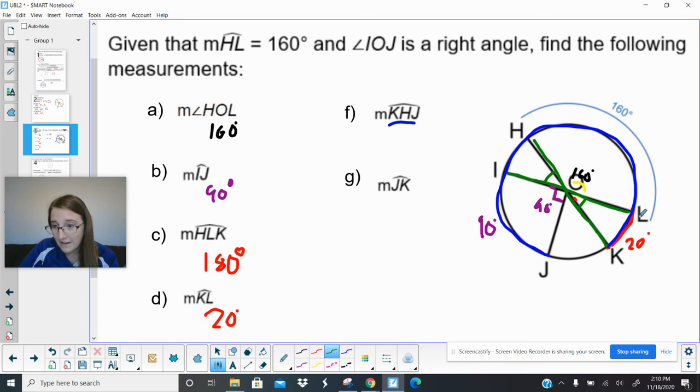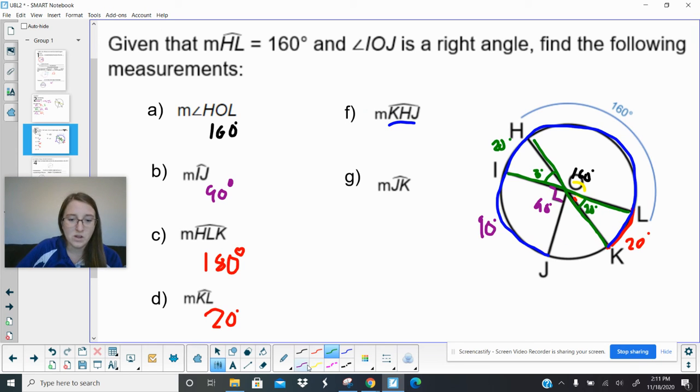So if I have this little arc being 20, well, this angle is going to be 20, and then this angle is going to be 20, which leads us to this little missing piece right here is also going to be 20. So we even have some old stuff coming in for us. That's vertical angles.